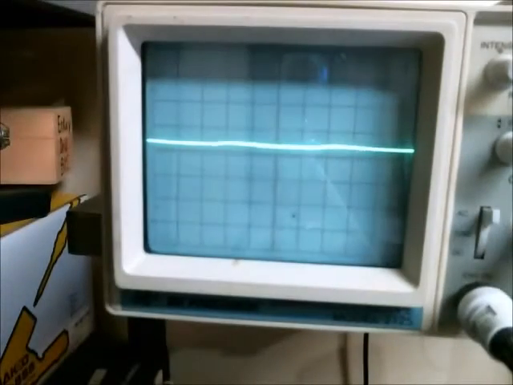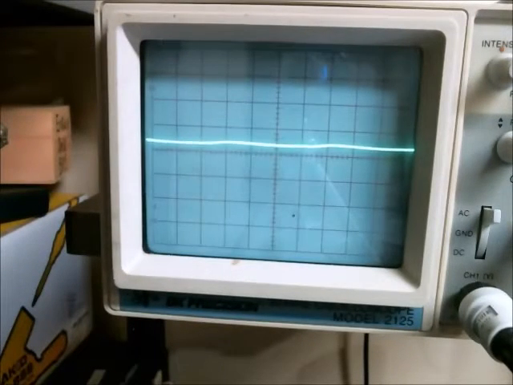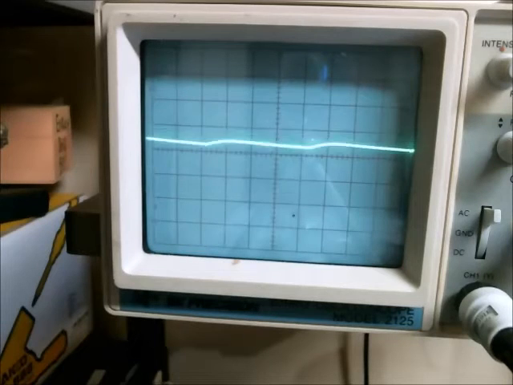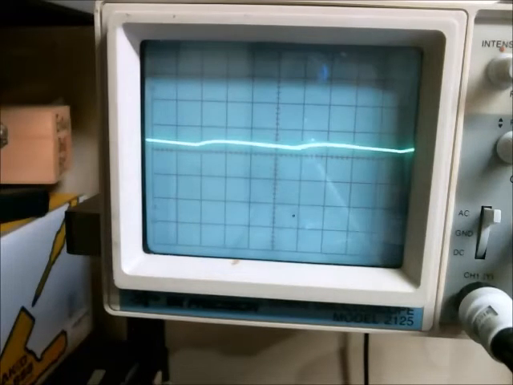Now if we look at that ripple, you can see that the ripple's nearly non-existent. There's a slight ripple there.